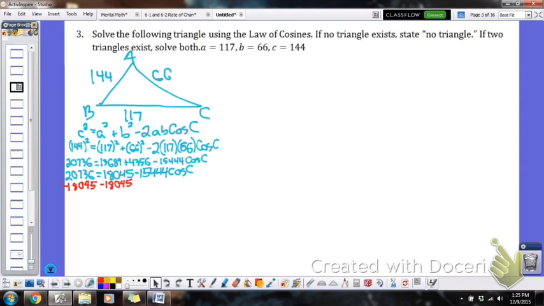And I get 2,691. And then it's still going to be equal to negative 15,444 times the cosine of C. My last step to solve for the cosine of C is divide both sides by negative 15,444.